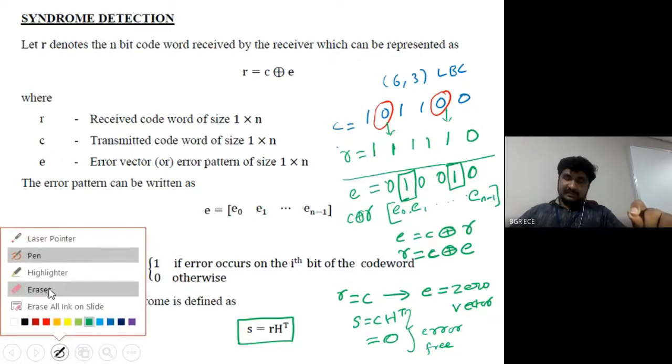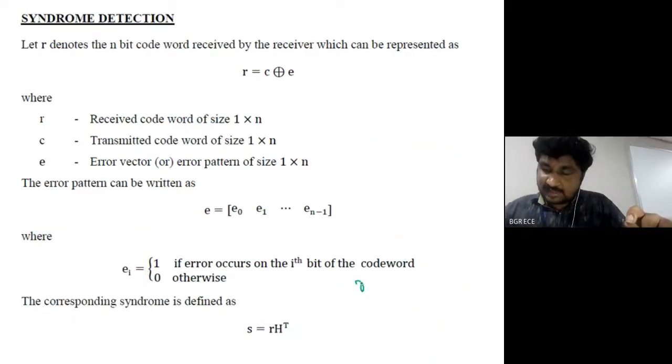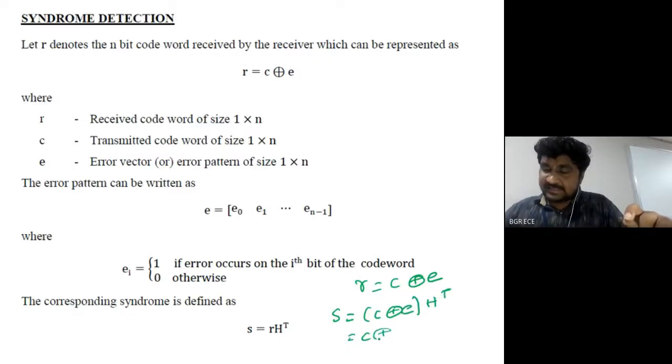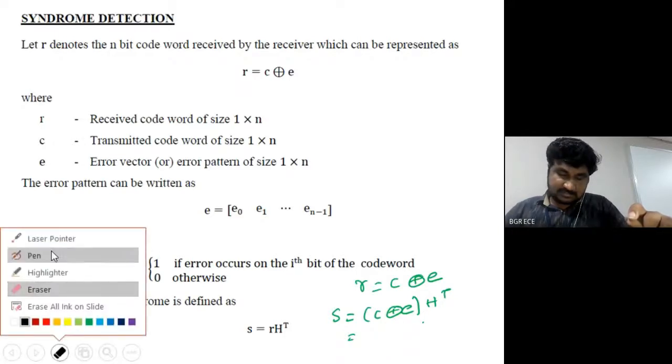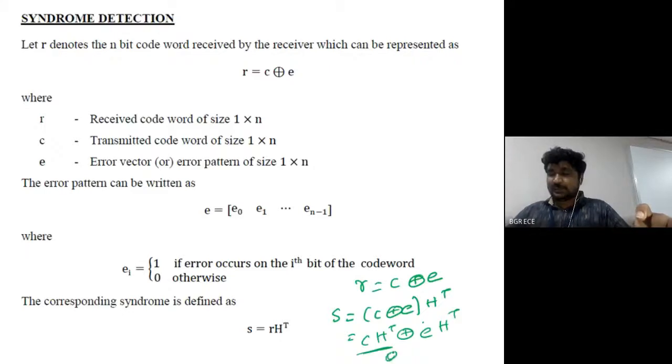If the error vector is not a zero vector, then R is equal to C XOR E, so that S is equal to C XOR E into H transpose, which is C into H transpose modulo-2 sum of E into H transpose, whereas C into H transpose will be equal to 0 and the syndrome will be represented as E into H transpose.